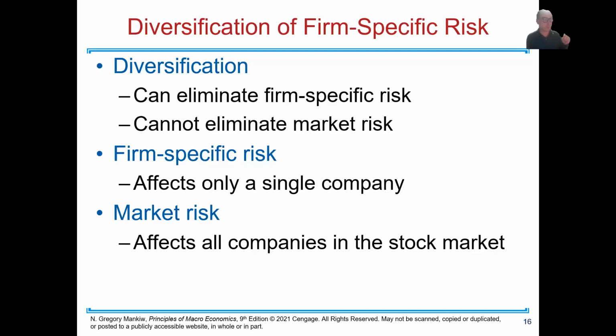Firm-specific risk is risk tied to a specific company. Earlier, I gave the example of Apple. Okay, Apple can be somewhat risky at times because it's a very large tech company, and if they make a wrong move, the stock can plummet.